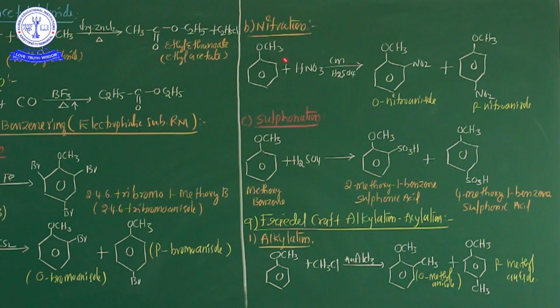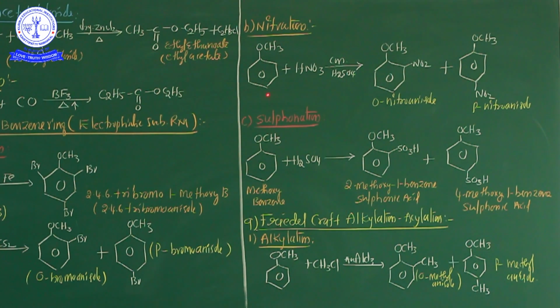So see here, nitration: anisole treated with the mixture of HNO3 and concentrated sulfuric acid. This is called ortho-nitroanisole: an anisole where the nitro group is located in the ortho position. Additionally, this is anisole with the nitro group located in the para position.